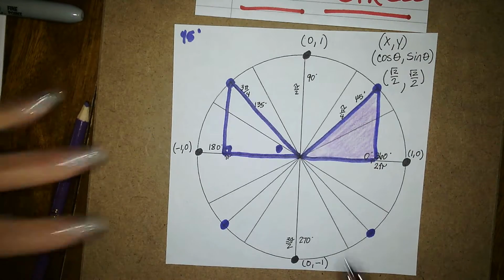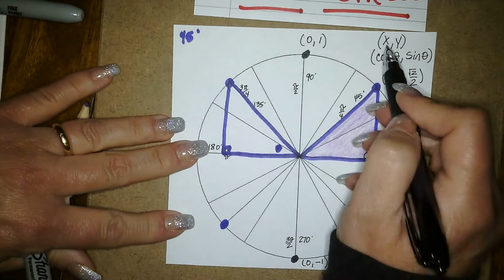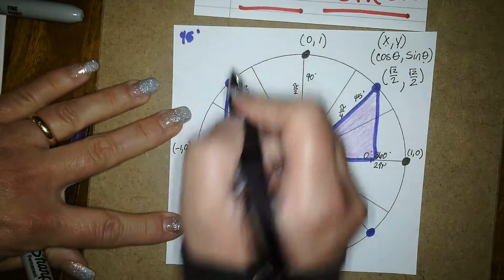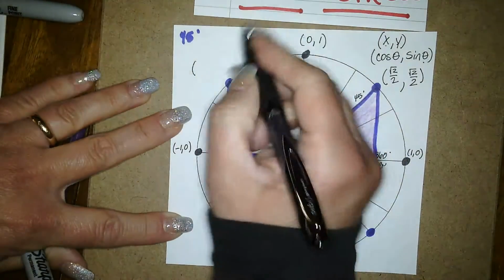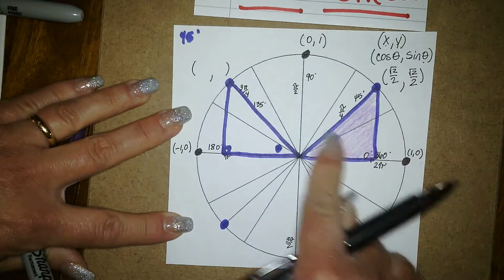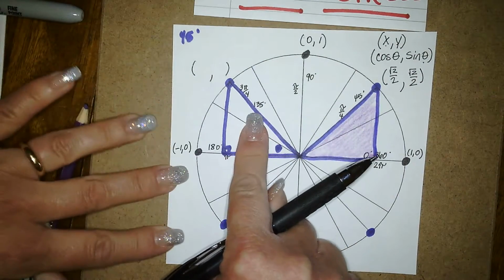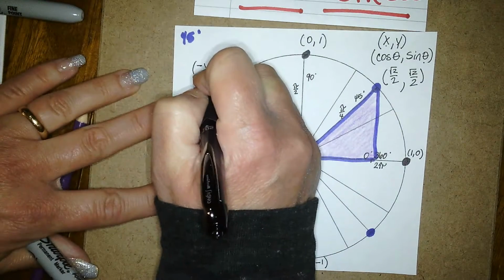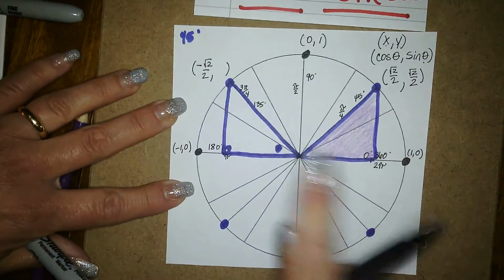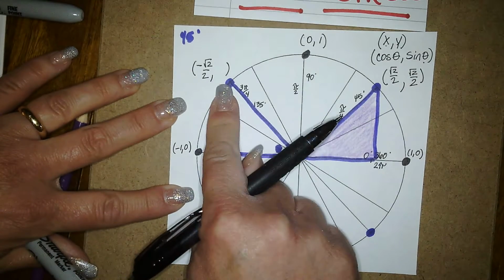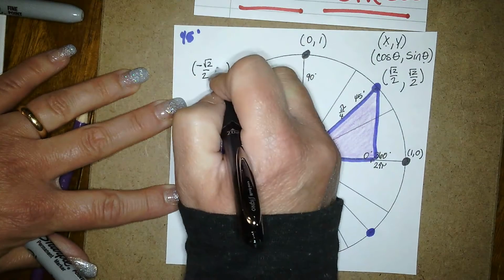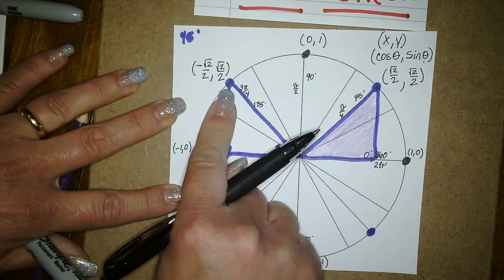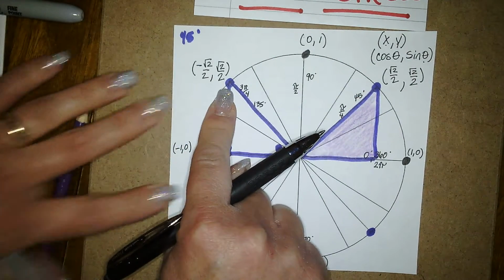So the coordinates of this point, using this x, y, cosine, sine idea, my cosine, my x value, because we're in quadrant number 2, we're negative, so this is going to be a negative root 2 over 2. Okay, notice that my y though is positive up here, so my coordinates for this point is a negative x value and a positive y value.